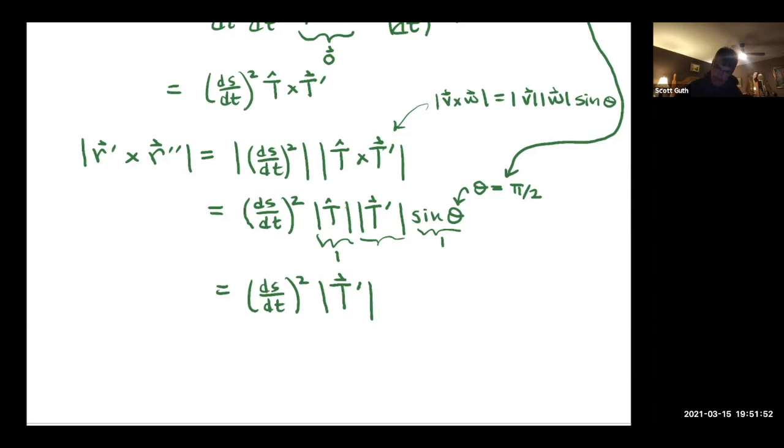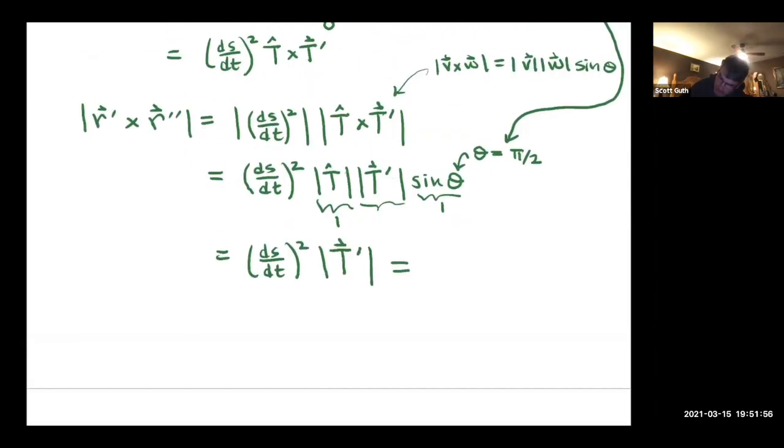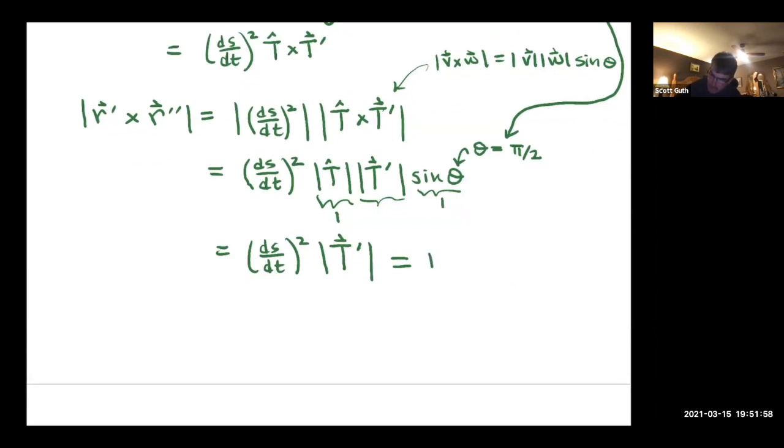What you need to do next is divide both sides by, remember, ds over dt, this is the magnitude of r prime, squared, times the magnitude of T prime. My bad.